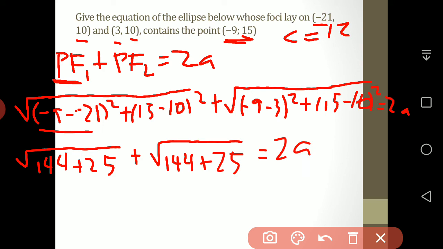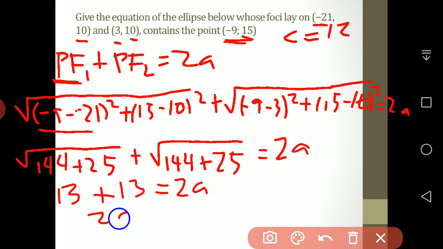So square root of 144 plus 25 will be square root of 169, which is just 13. So 13 plus 13 is equal to 2A. So 2A now will be 26.